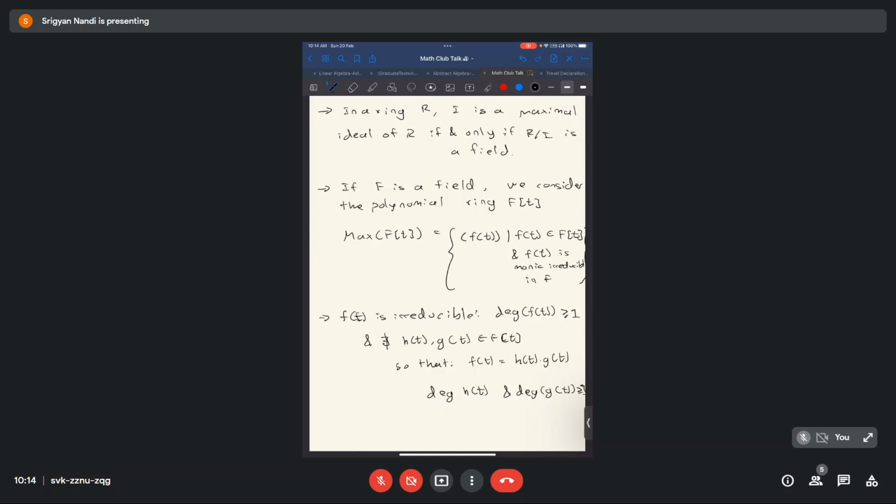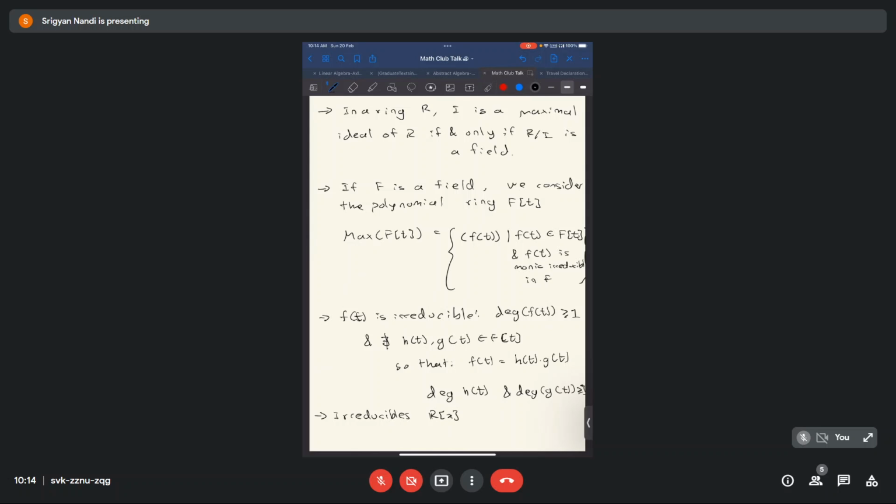So now we can try to extend this notion, and the next result that I'll be giving is a very fundamental result which actually is a special case of Hilbert's Nullstellensatz, if you may have heard of it. So to start with that, we consider the irreducibles first in R[x].